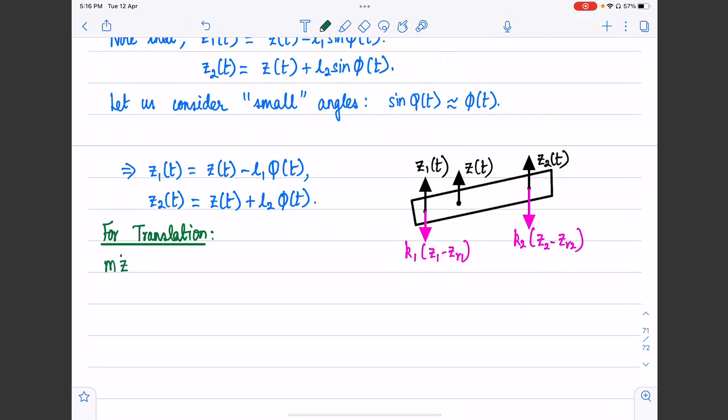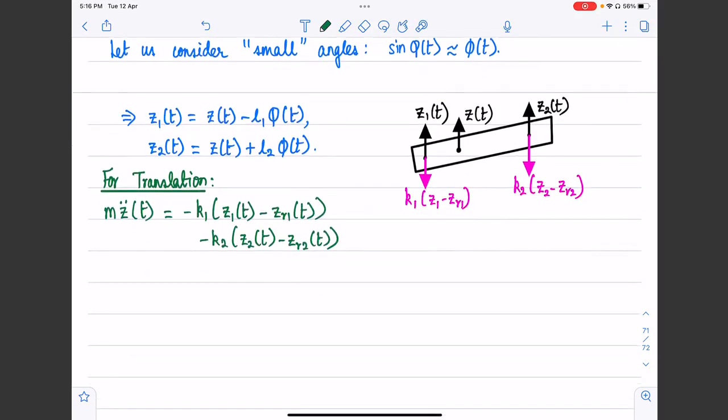So what I will get for translation is m z double dot equal to minus k1 times z1 of t minus zr1 of t, okay, minus k2 times z2 of t minus zr2 of t. Okay, so that's what we'll have.